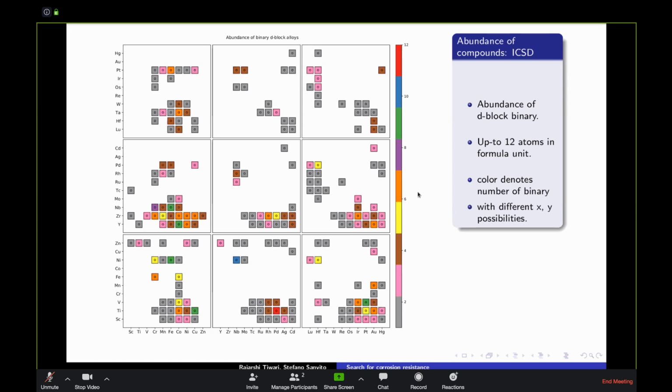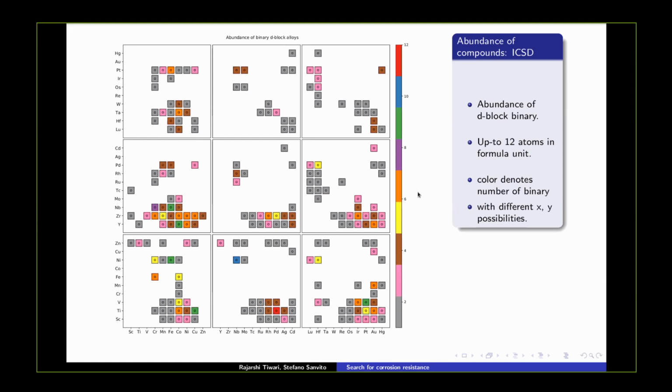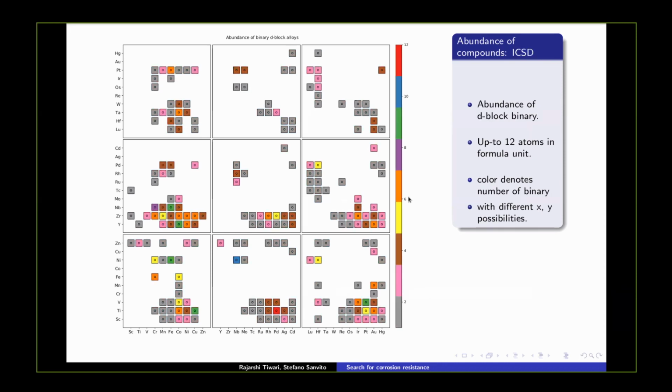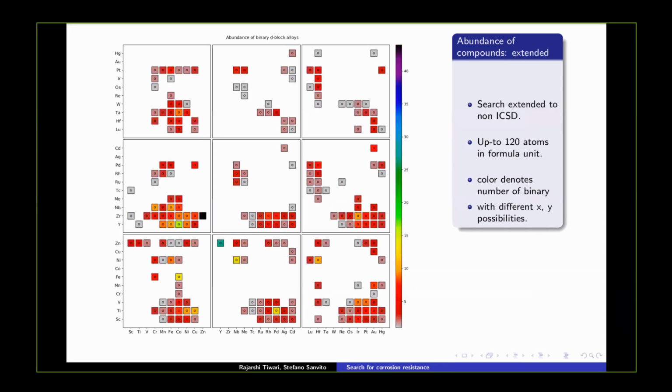It's not that all possible binary combinations exist, but what we have to work with is these metals based on availability. If we extend and don't force them to have an ICSD number, which means these are potential compounds that may or may not exist, then we also don't get much increase in the database.